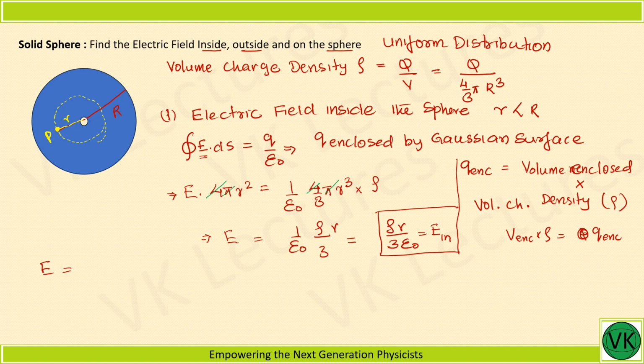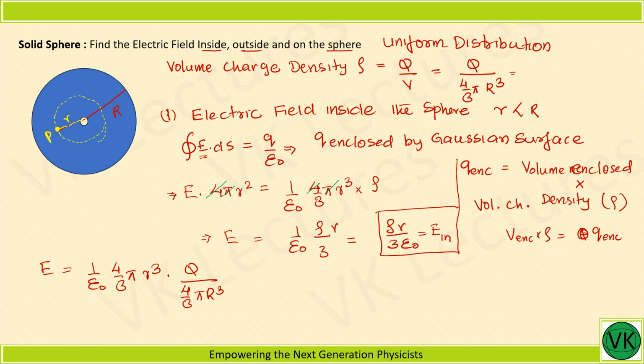So electric field is equal to 1 by epsilon times 4 by 3 pi r cube into rho. Rho is nothing but capital Q divided by 4 by 3 pi capital R cube. So capital Q divided by 4 by 3 pi capital R cube.